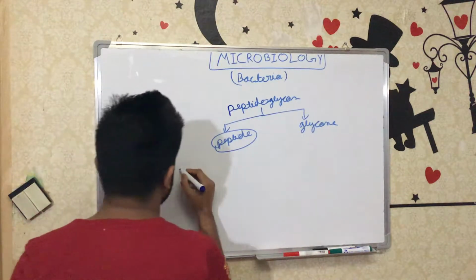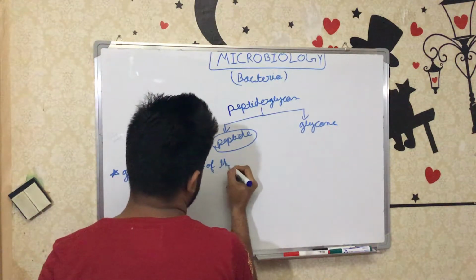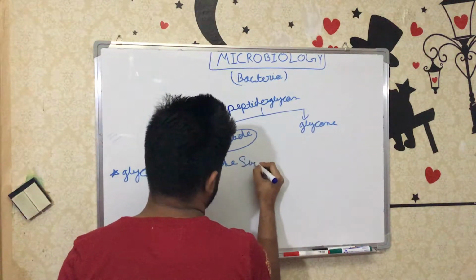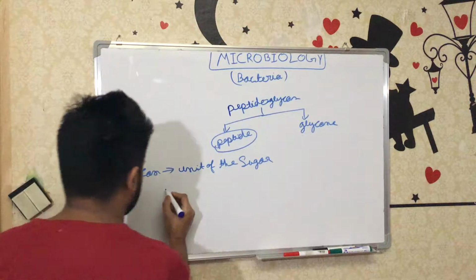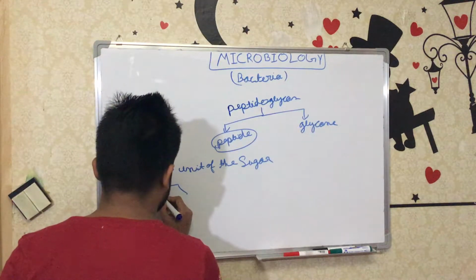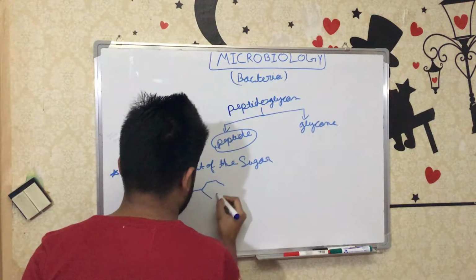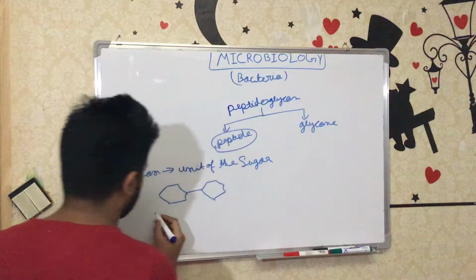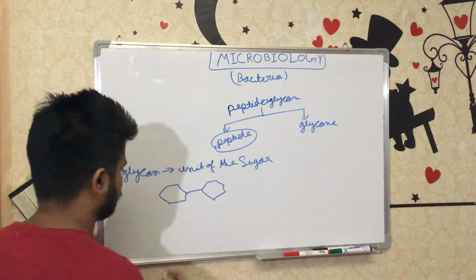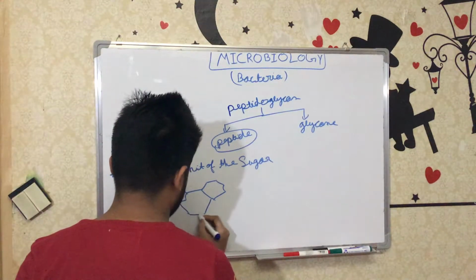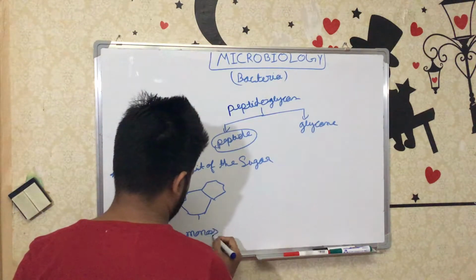Glycan is a unit of sugar. And this unit, for example, you can say is two monosaccharides.